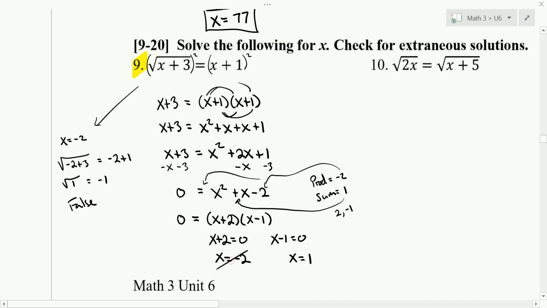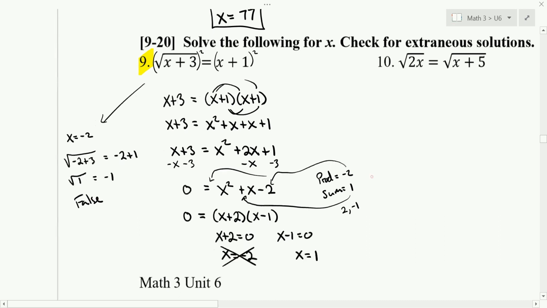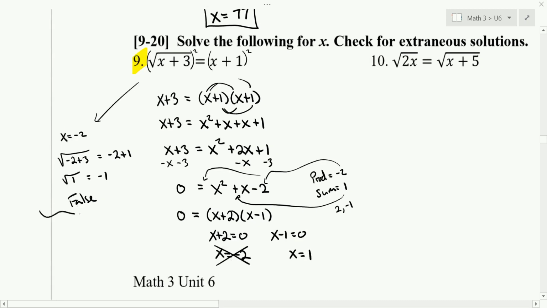So we got to throw out x equals negative 2, and then we could check it with x equals 1. We would get the square root of 1 plus 3 is equal to 1 plus 1, or the square root of 4 is equal to 2, and that's true, so we keep that answer.